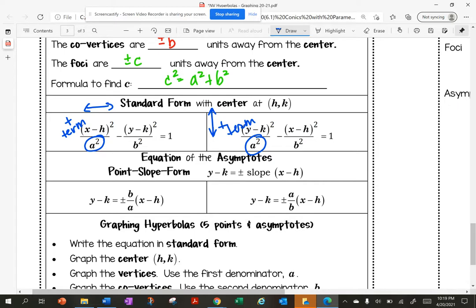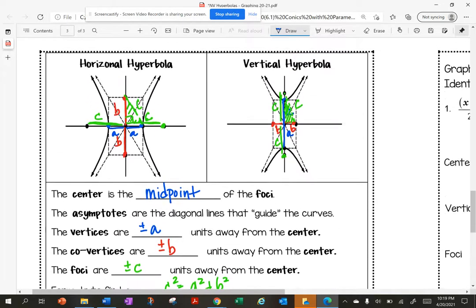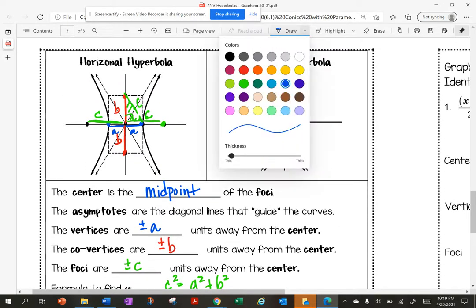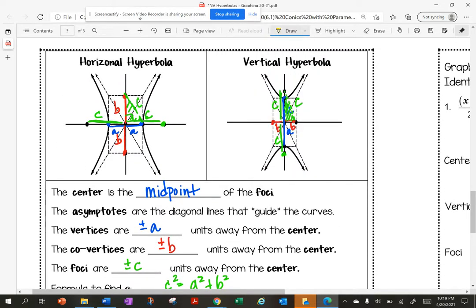Okay, so to find the asymptotes. So the asymptotes here are these lines that guide the curves. And we are going to use slope. So slope is rise over run.